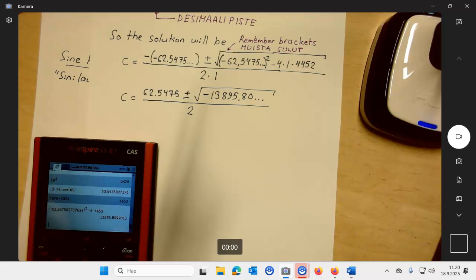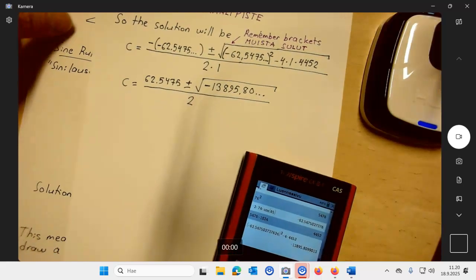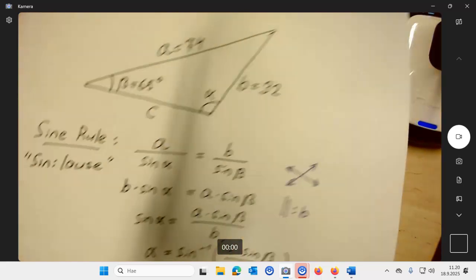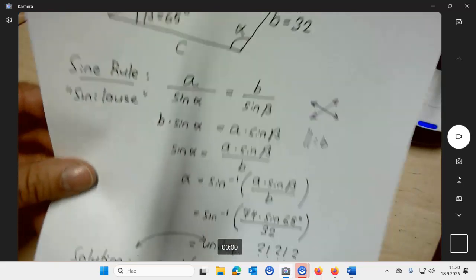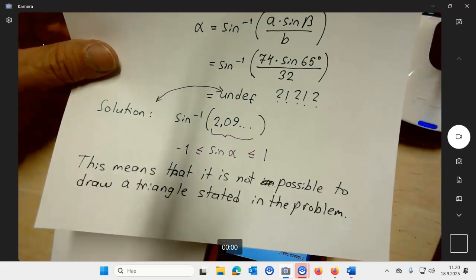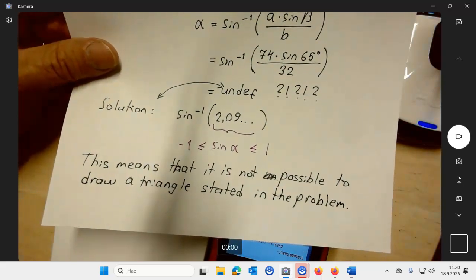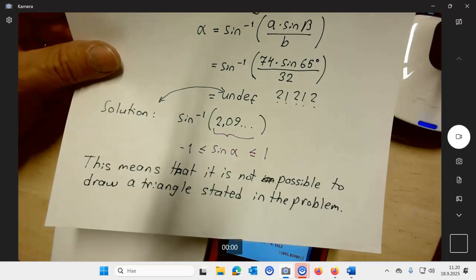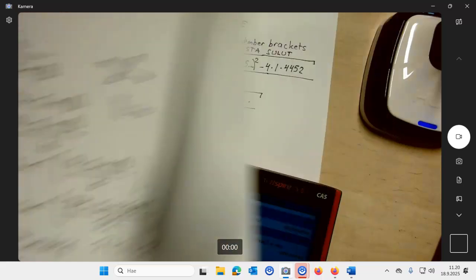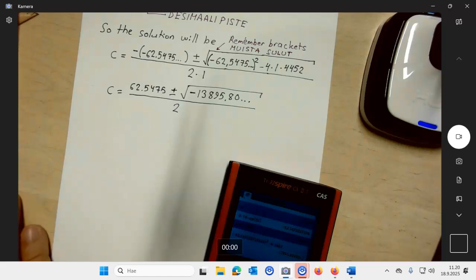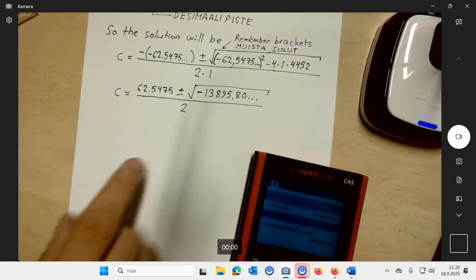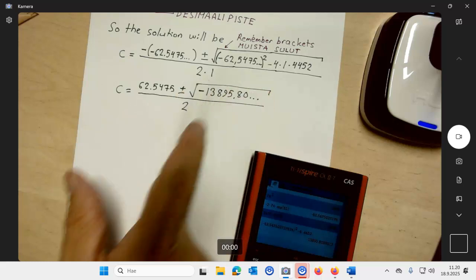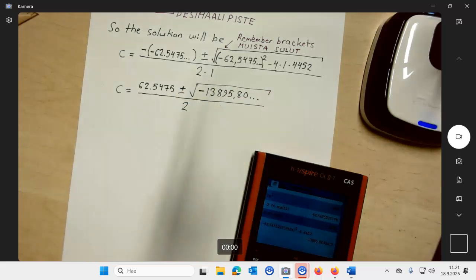Remember that we had solved this earlier with the help of the sine rule, and we got the answer that it is not possible to draw, or this triangle does not exist. And of course we could get the same result with the help of the cosine rule, and we see it from this, that we have a negative number inside the square root.